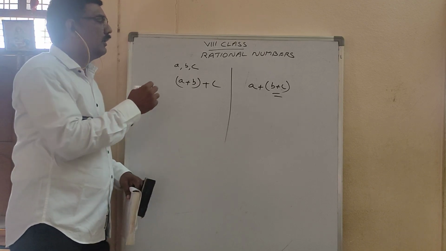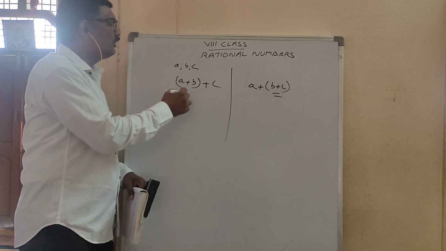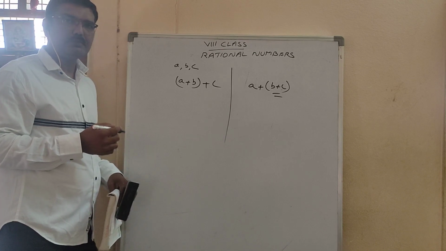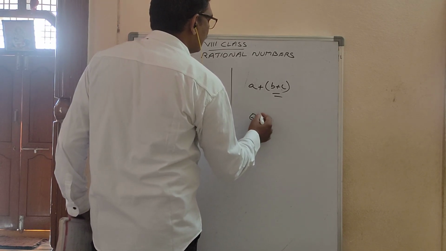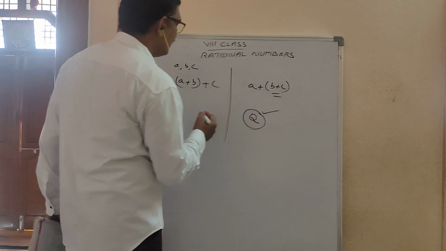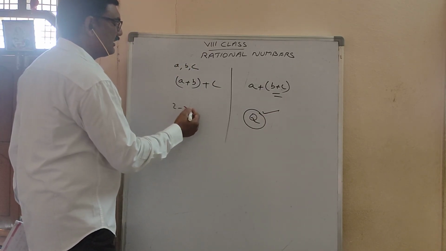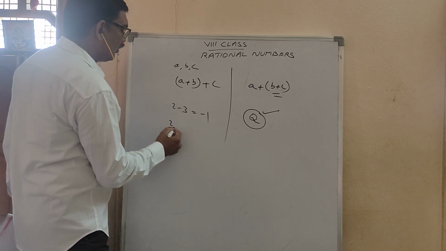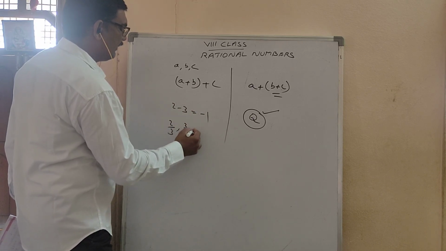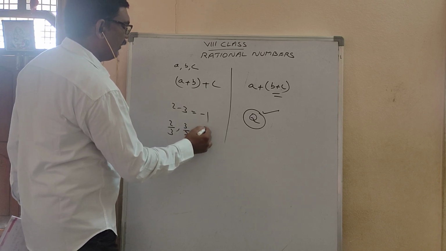So here, instead of 2 numbers, you take 3 numbers, and sometimes they will ask about rational numbers. It is very important because 2 minus 3 is minus 1, you can say very easily. But here there are fractions like 2 by 3, 3 by 7, 5 by 2.